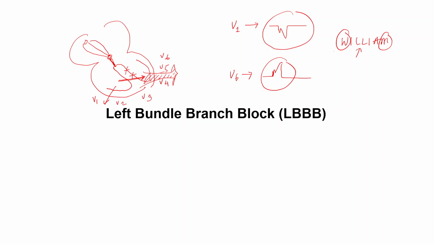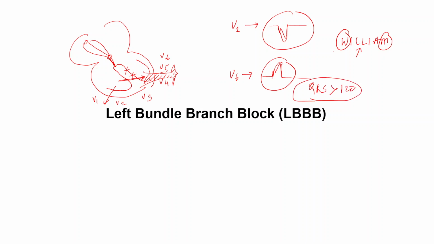What you need to remember is that this typical morphology may not be seen in all cases. You may get a predominant negative wave in V1 and a predominant positive wave in V6 with wide QRS. That may be the only manifestation of LBBB. So predominant negative in V1, predominant positive in V6, and the QRS has to be more than 120.